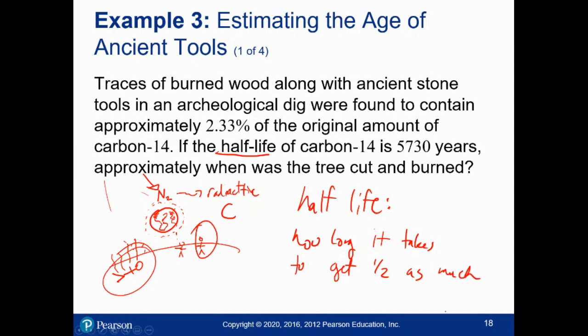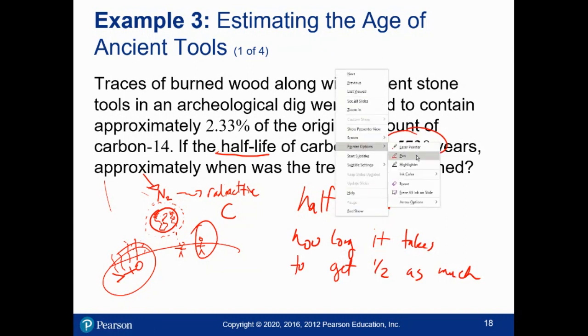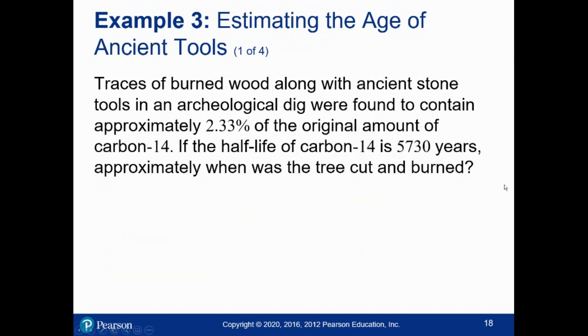So if you had, for example, 100 grams of carbon-14, after 5,730 years, you'd have 50 grams. After another 5,730 years, you'd have 25 grams. It would half again. So that's what we need to make sense out of all of this. So the half-life is 5,730 years, and it has 2.3% of what was expected.